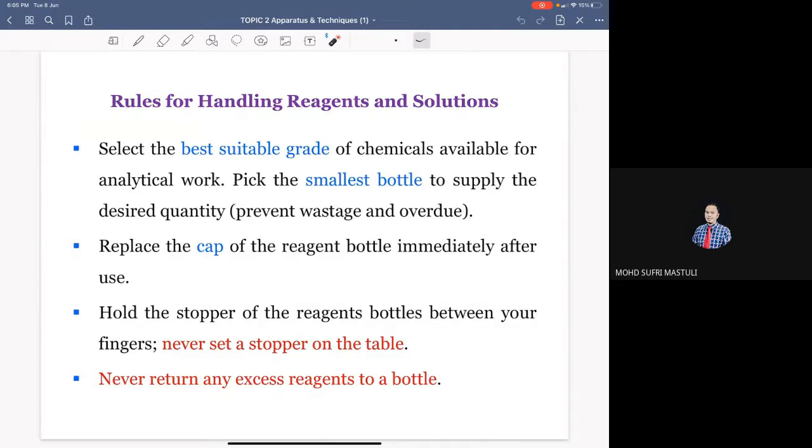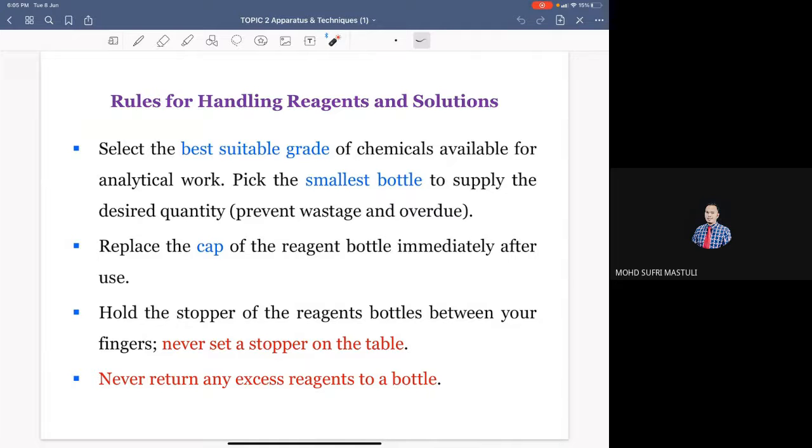We must select the most suitable grade of chemical for analytical work, and then pick the smallest bottle to supply the desired quantity in order to prevent wastage. Replace the cap of the reagent bottle immediately after use.